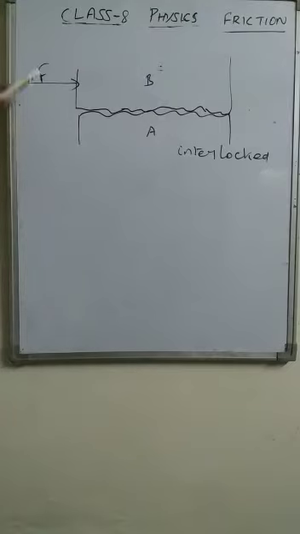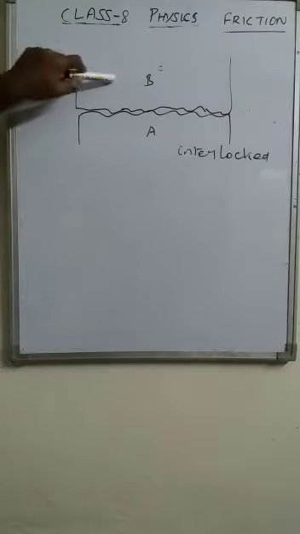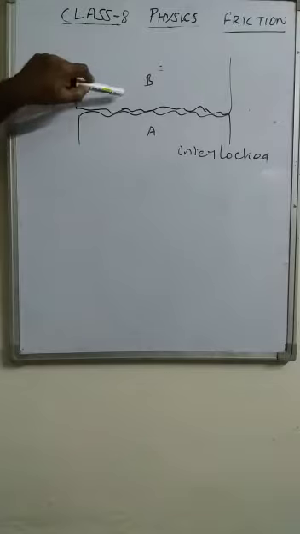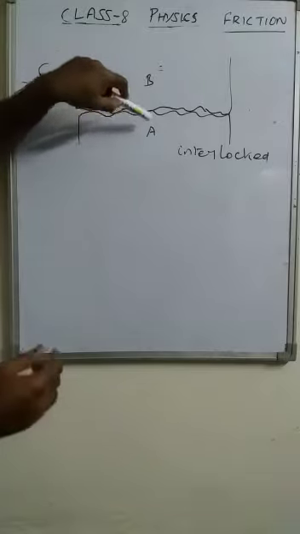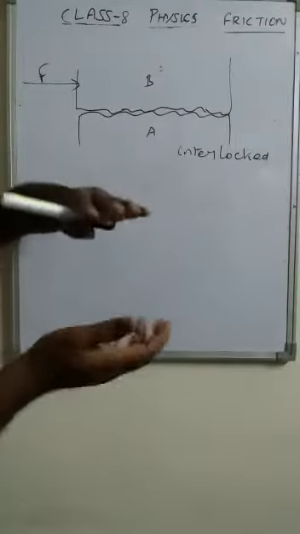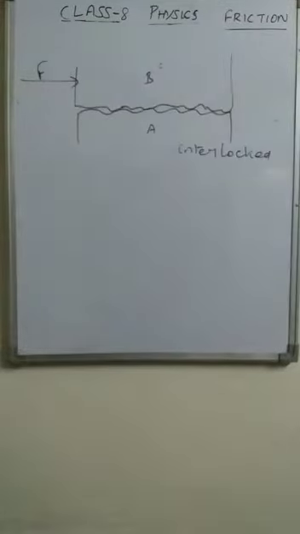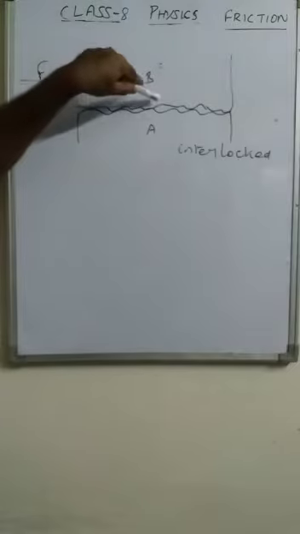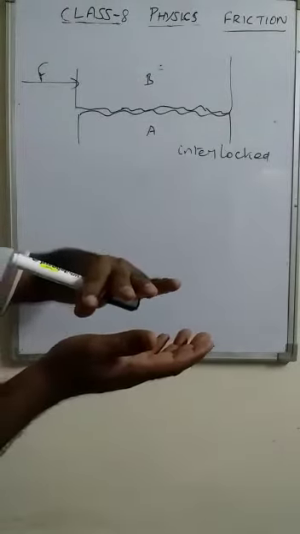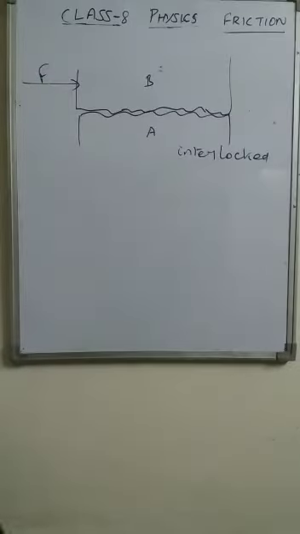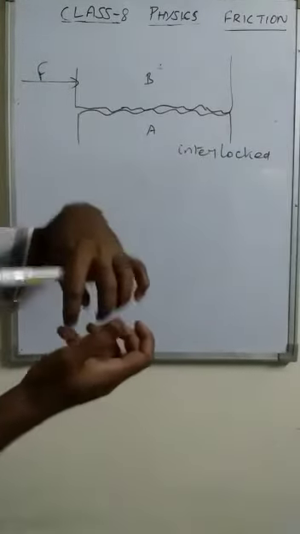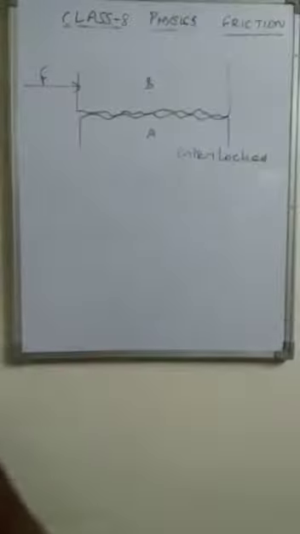If we increase the applied force gradually, what happens? The interlocking between the irregularities gets loose. It decreases. As the force increases gradually, at one stage the interlocking opens, and the locking of irregularities is released.